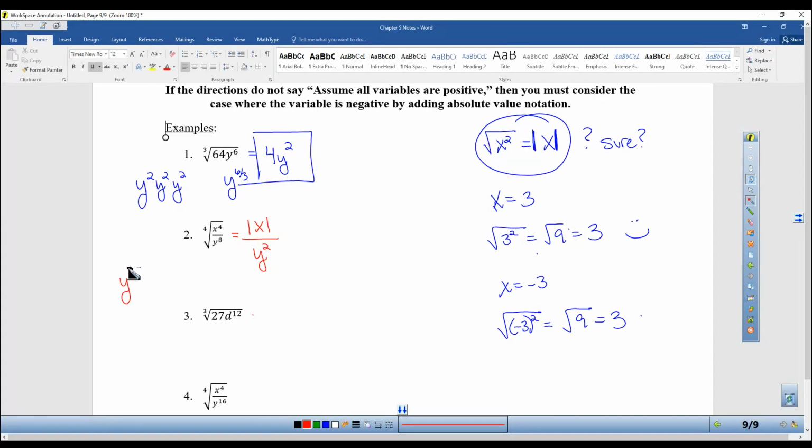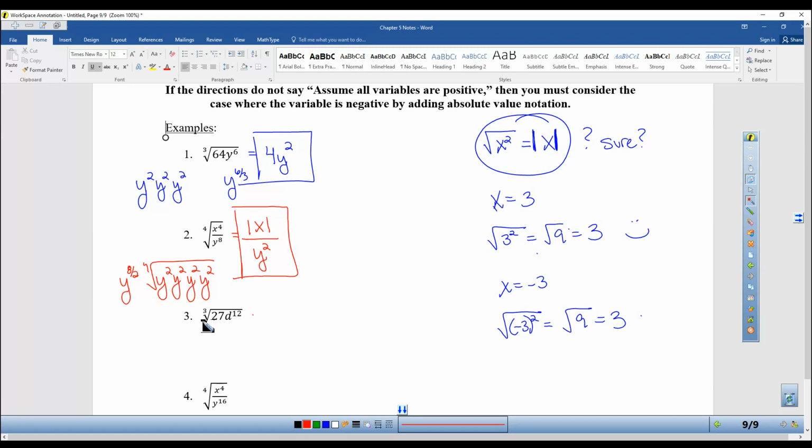You can either think of that as changing it to a fractional exponent, or y squared, y squared, y squared, y squared. When you do the fourth root of 4 identical things, it's one of them. Now this one doesn't need the absolute value because when you square something, it's already going to be positive.